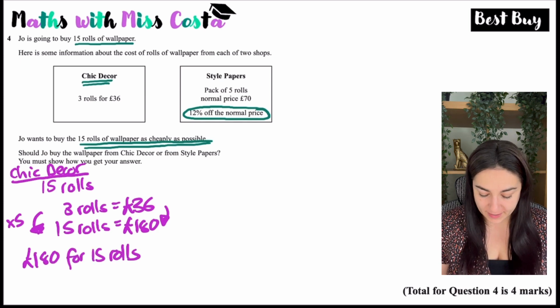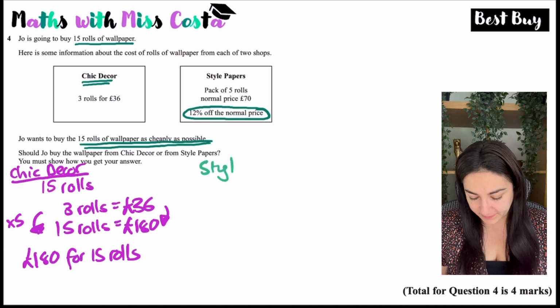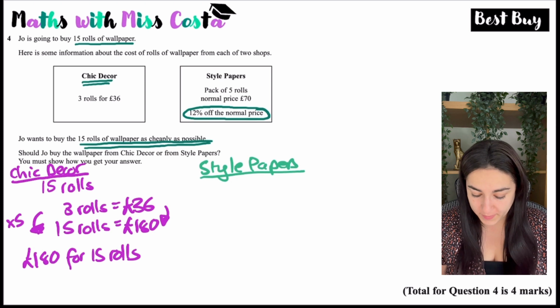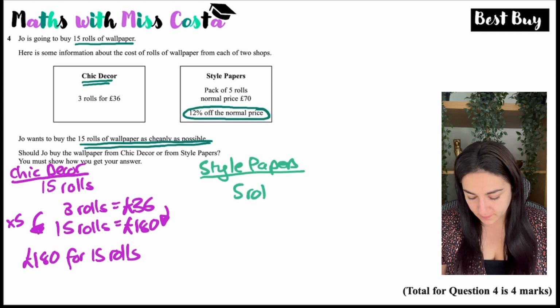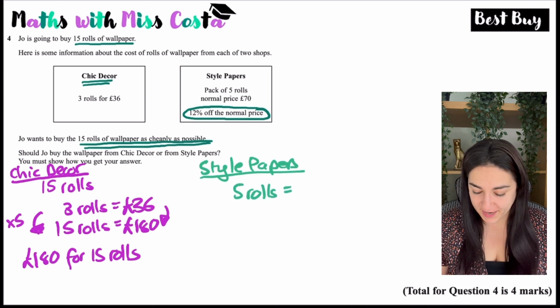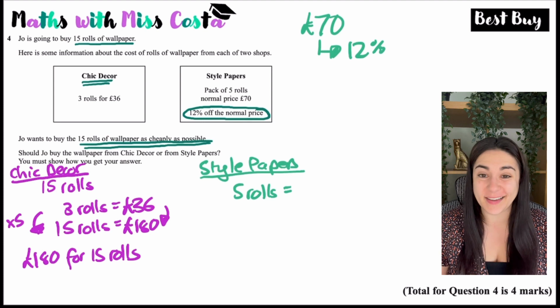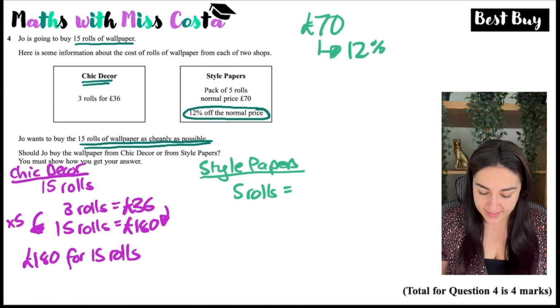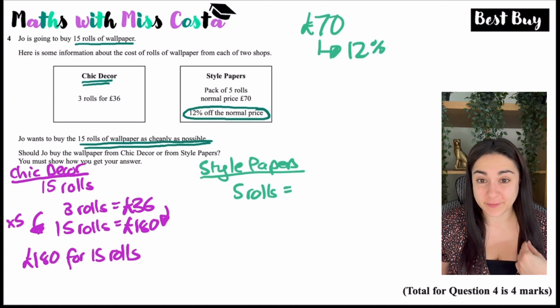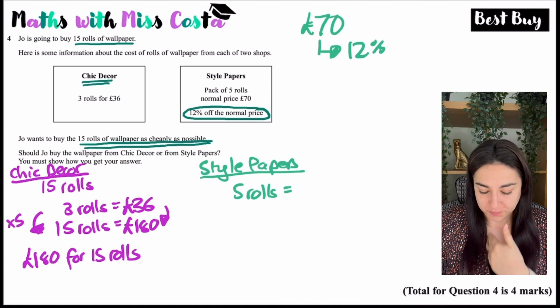Now I need to figure out how much it would be at Style Papers. So a pack of 5 rolls would normally be £70. However, there is 12% off. So when there's a discount, you can either work out 12% and subtract it from 70, or use the percentage multiplier.